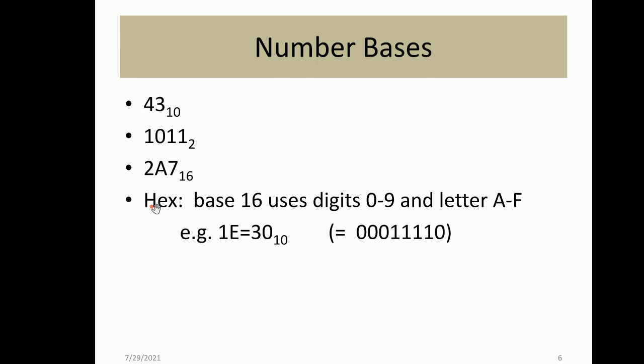Hexadecimal numbers use base 16, and we use digits 0 to 9, and then we use letters A to F. So for example, 1E is actually 30 to base 10. And I can represent any hexadecimal number by means of 4 bits.